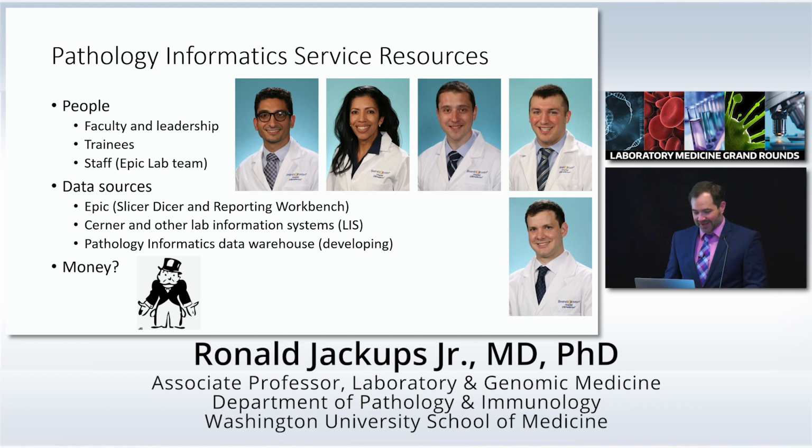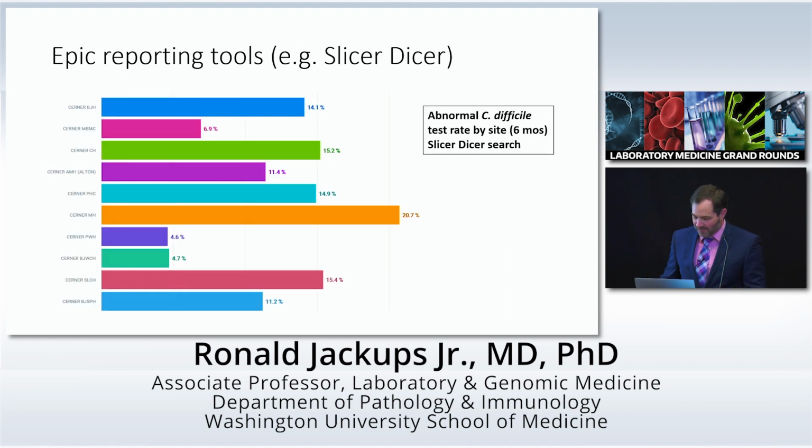So I want to demonstrate that, as nice as it is to have the money to start up, the reality is you're not going to get that at the beginning, and you need to prove your worth before you can get that. This is just an example. This is the kind of request that you can make in an EHR reporting tool in 30 seconds. And this just shows you across all of our hospitals which sites had the most abnormal C. diff test rate.